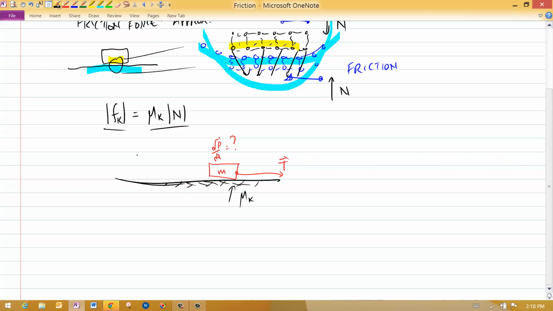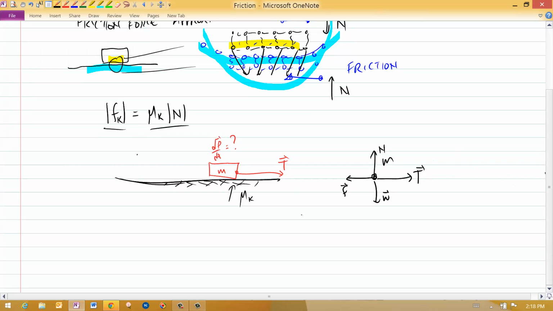Well, we can take a look at this as, again, a statement of the momentum principle. There's the system. It has a mass m. The net force on this thing: I've got a tension. I've got a friction force whose magnitude I do not know. I have a normal force upwards, and I have a weight downwards. One thing I do know is that dp/dt is parallel to the x direction.